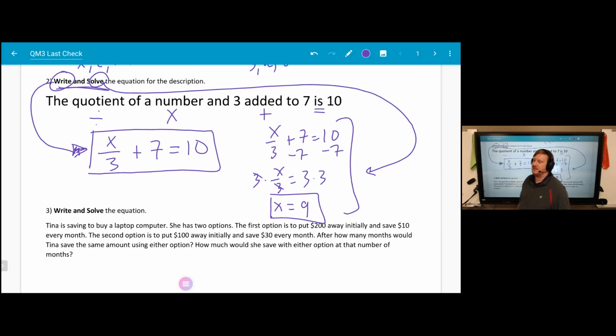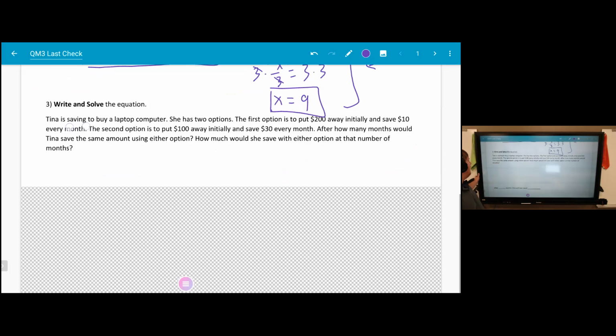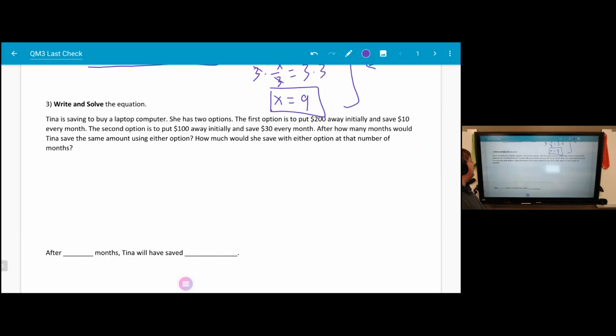Okay, writing and solving. Just like number 3, we have to write and solve the equation. Tina is saving to buy a laptop computer. She has 2 options. The first option we'll call option 1. Option 1 is to put $200 away initially, and then every month save $10 per month. Do we know how many months that is? No. I'm going to say M is months, so 10M.